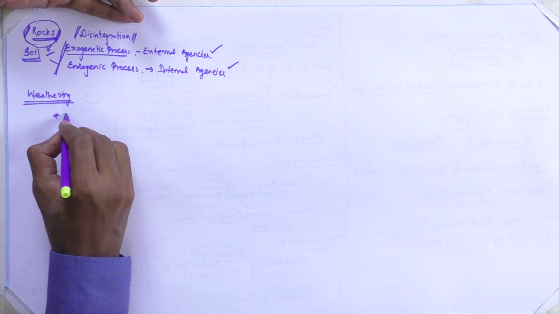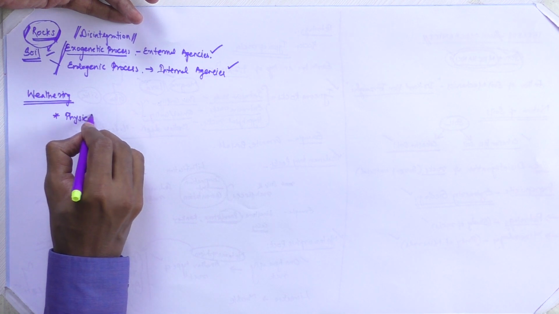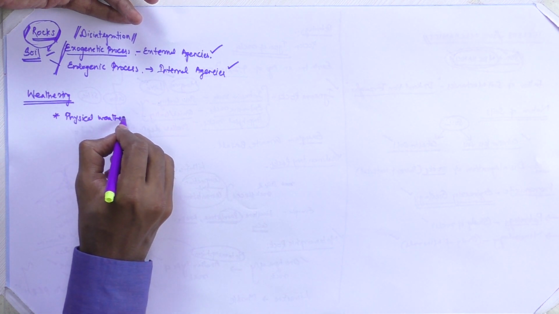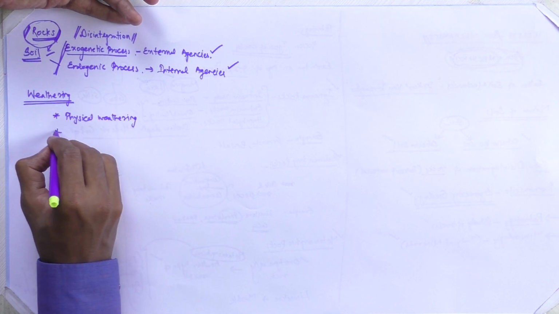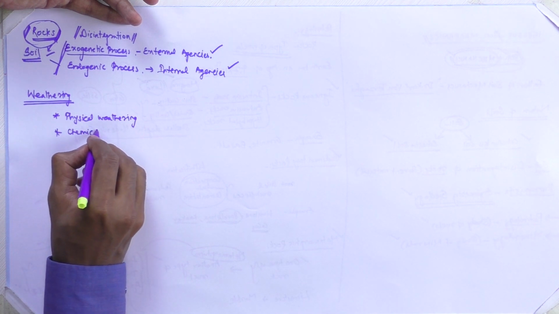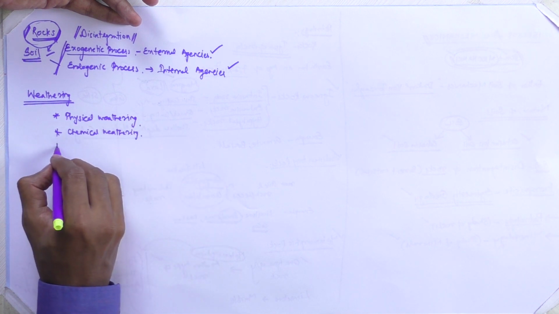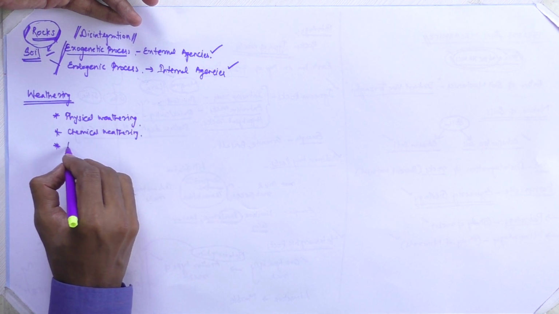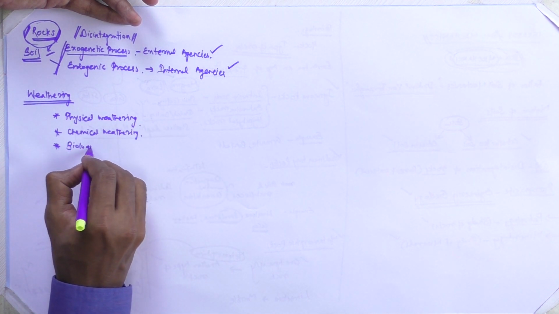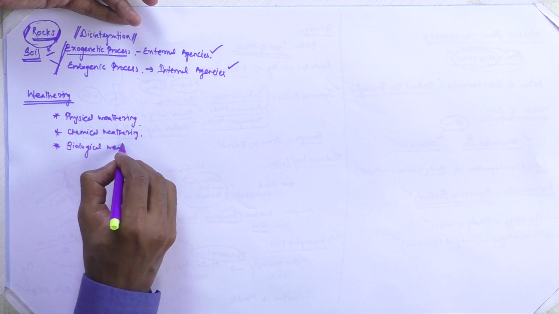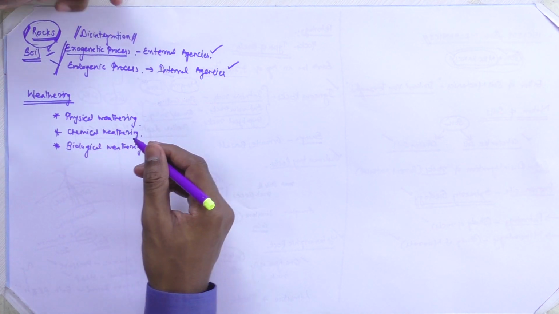We have three types of weathering here: physical, chemical and biological weathering.